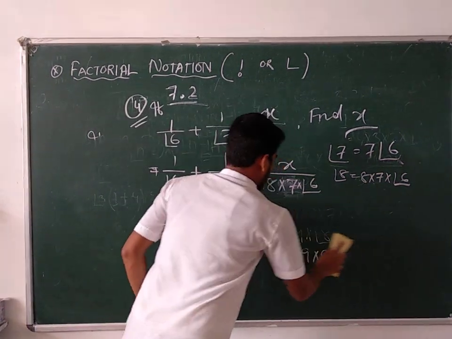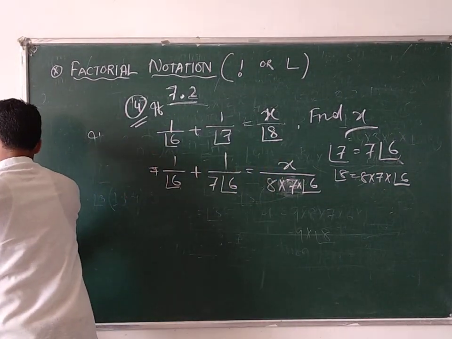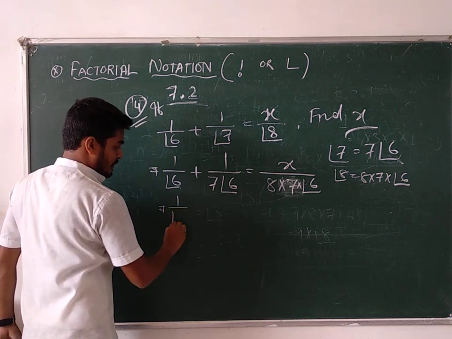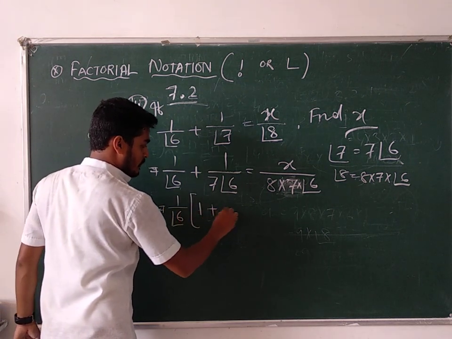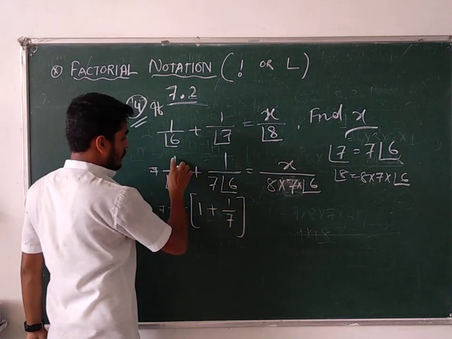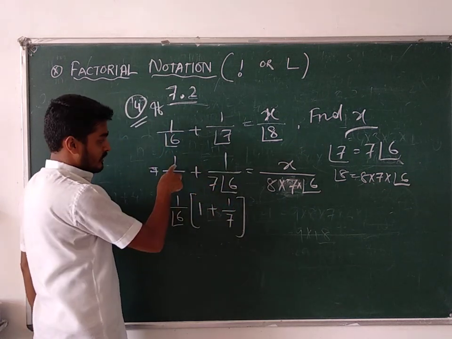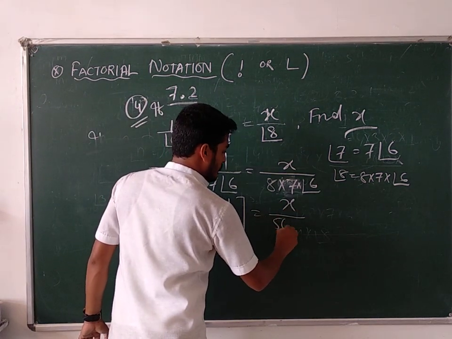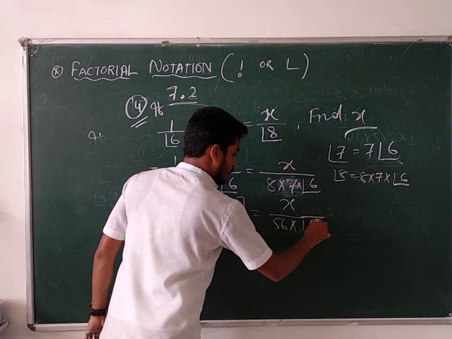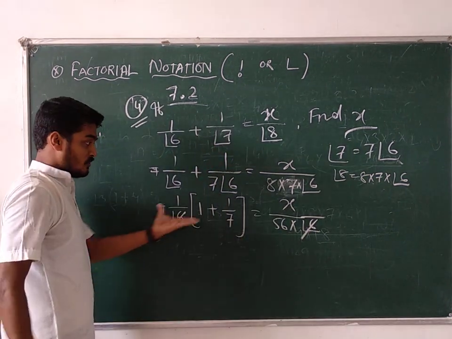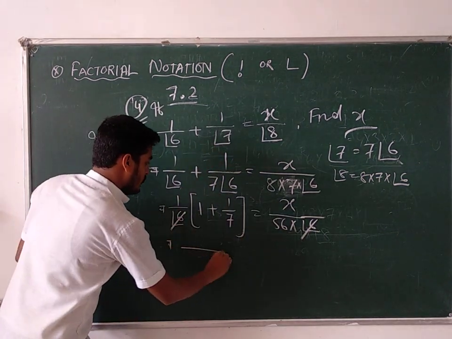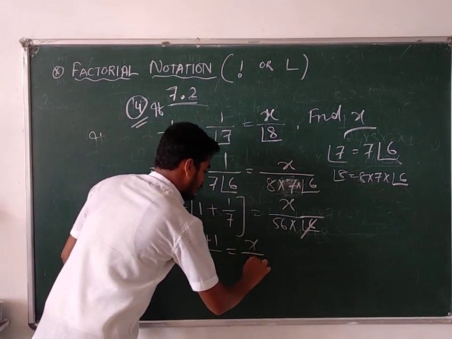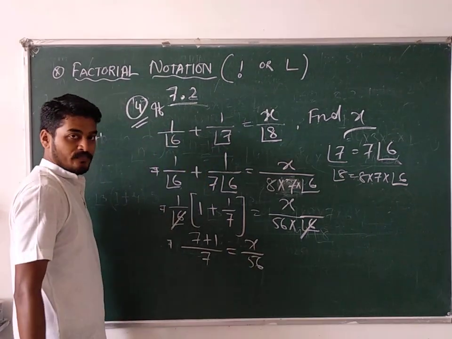Okay, then what are we getting? 1 by factorial of 6 is common. So 1 plus 1 by 7, is it clear? Because 1 by factorial of 6 is common on the left side. Here it will be 1 plus 1 by 7 is equal to x by 56 into factorial of 6. Factorial of 6 will be cancelled because all the terms are in multiplication form. So 7 plus 1 over 7 is equal to x by 56.